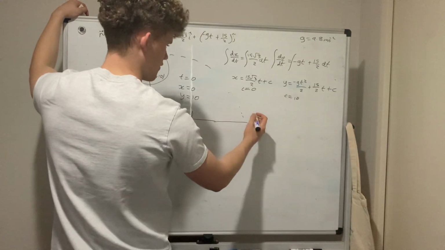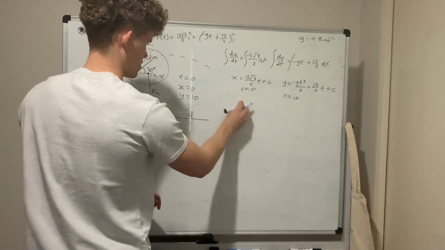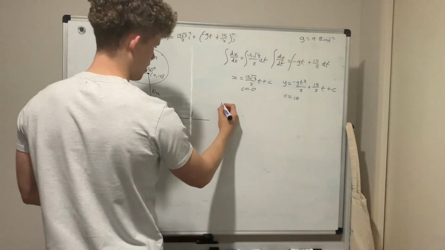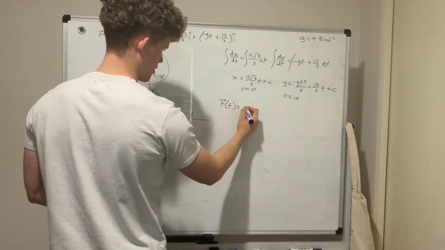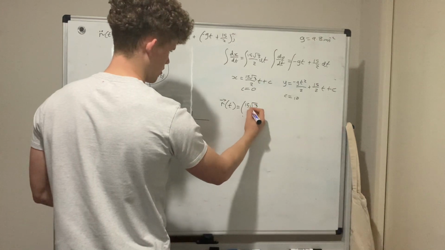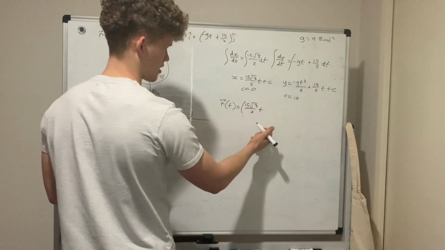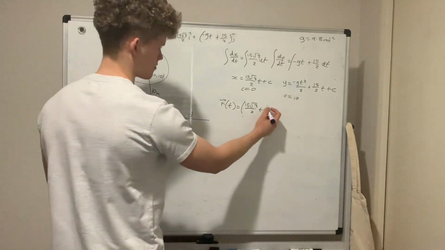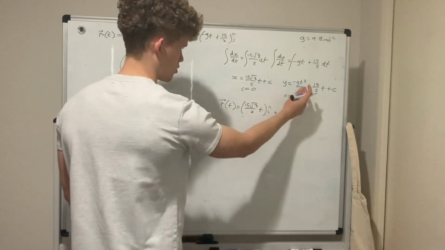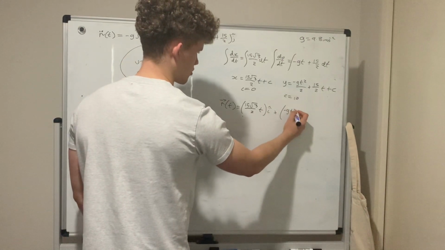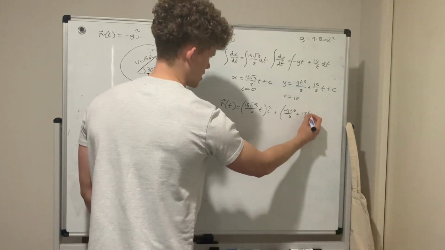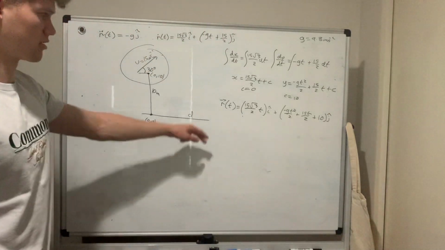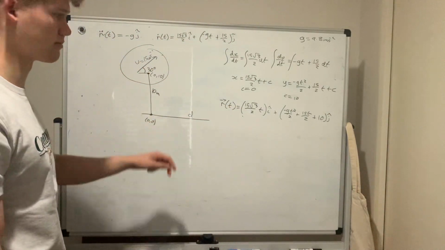So therefore, my vector equation for my position is going to be r equals 15 root 3 on 2 t plus nothing, because there is no initial position since we've specified this is my origin point, i hat, plus negative gt squared on 2 plus 15t on 2 plus 10, j hat. And that's my vector equation for this path here.